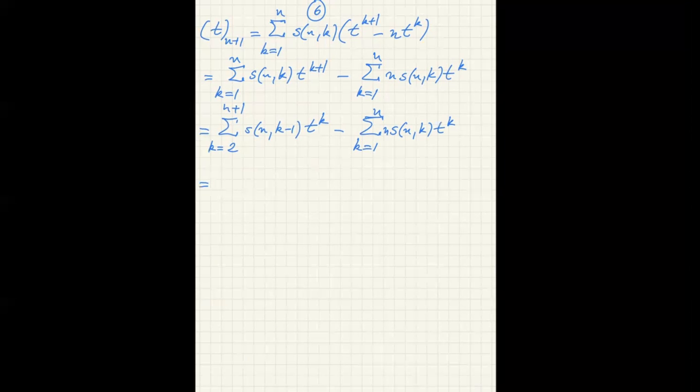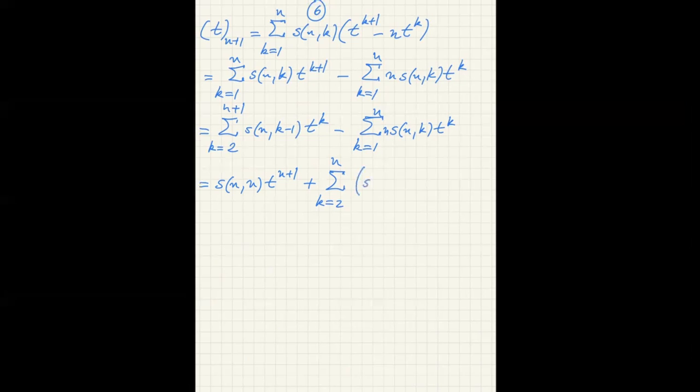Now, what do we get? So the first sum has a power that the second one doesn't, and I'll write that explicitly here. That's going to be S_{n,n}, that is when k equals n plus 1. So I will have S_{n,n} T to the n plus 1. Then I will combine here the terms that have T to the power k, where k goes between 2 and n in both sums.